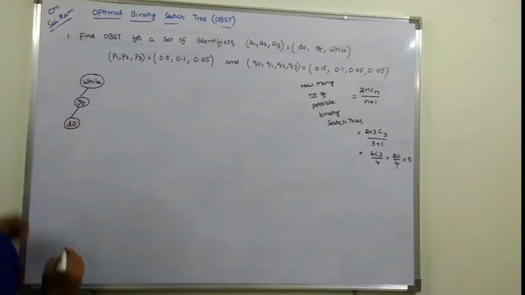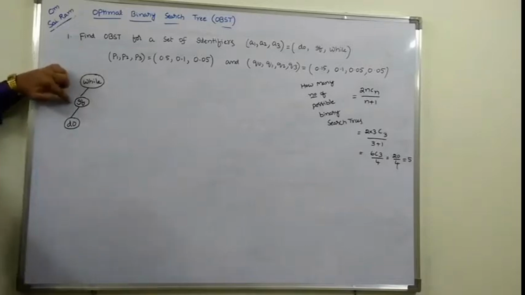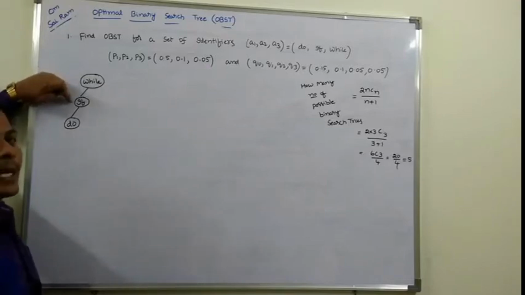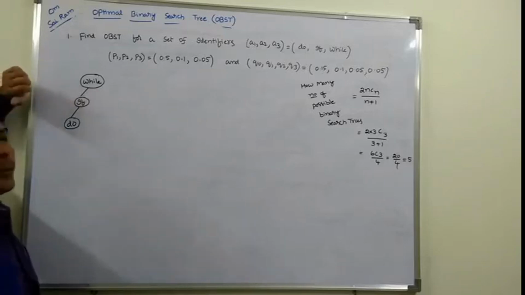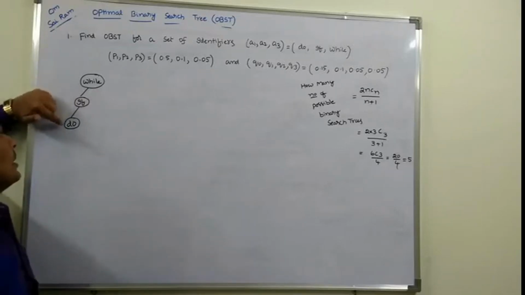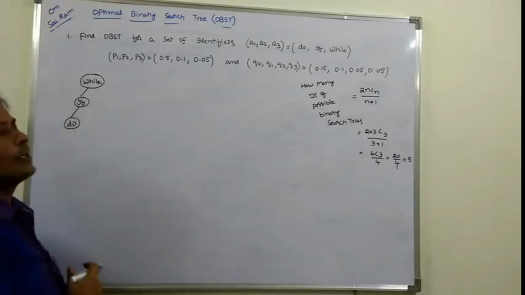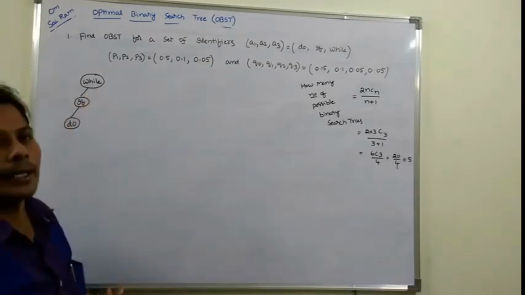How are we writing this? In the while identifier, the first letter is W. In the if identifier, the first letter is I. W is compared with I, so I is less than W, so we write it on the left-hand side of W. Next, in the do identifier, letter D is compared with I, so D is less than I. So do is present on the left-hand side of identifier if.